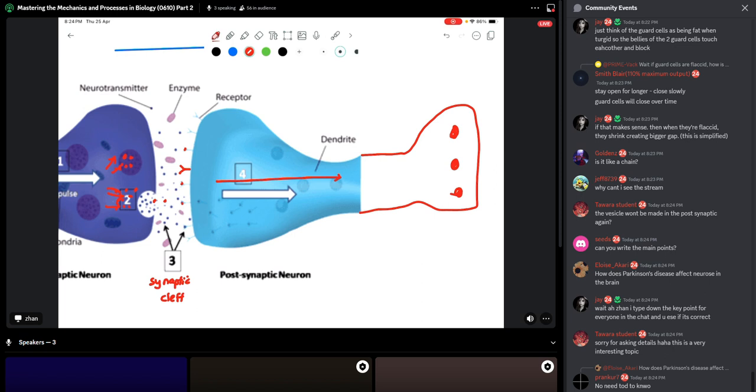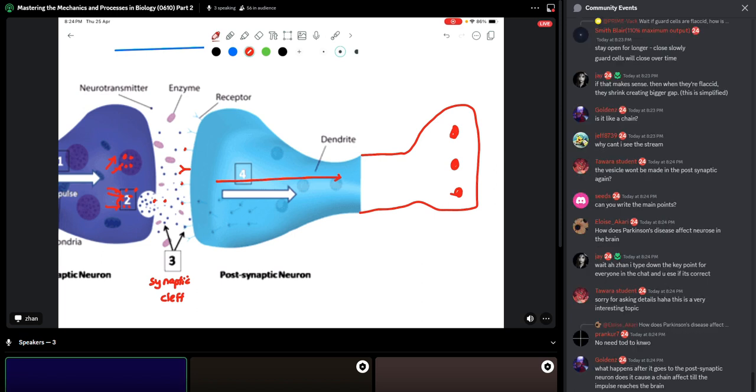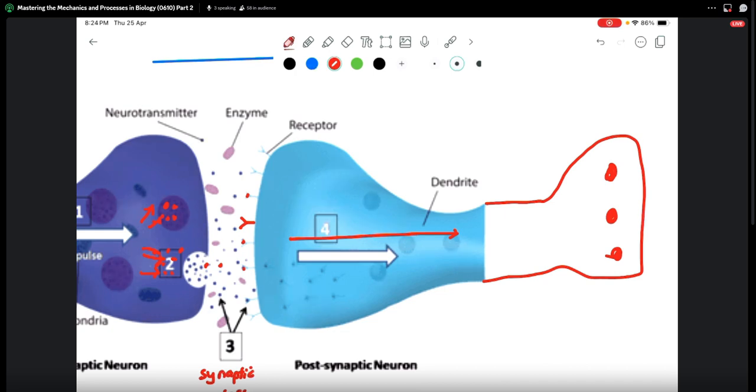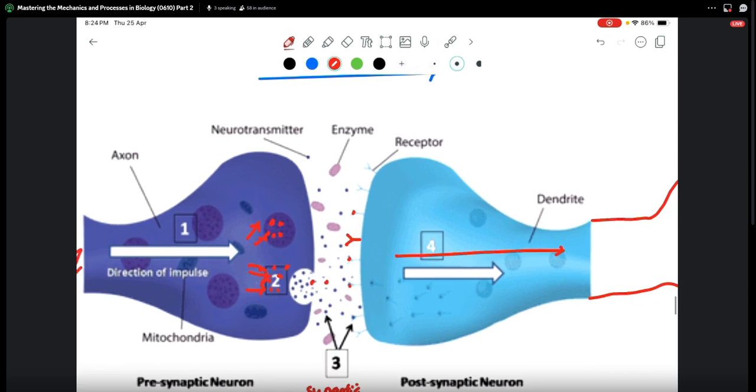How does Parkinson's disease affect neurons in the brain? This kind of question I've seen before in past year papers. You just use this synapse concept and apply it to what happens if Parkinson's disease occurs.